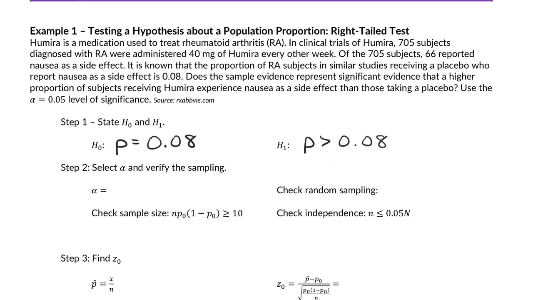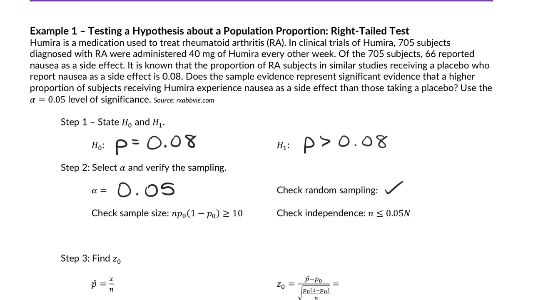Step 2 says select alpha and verify the sampling. So what is the alpha they told us to use? 0.05, which is a typical level of significance for a hypothesis test, by the way. We're going to check the 3 things it requires for us to do these sort of tests. We need it to be done random. Do we see that this is a random study? I don't know if it actually even says that, but we're going to assume that it is randomly sampled. Typically, you'll see that in the words.